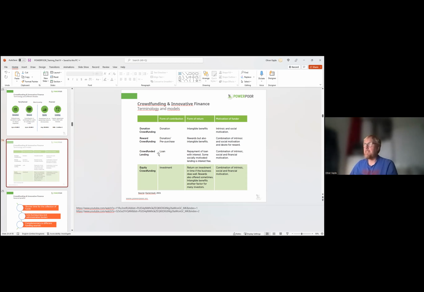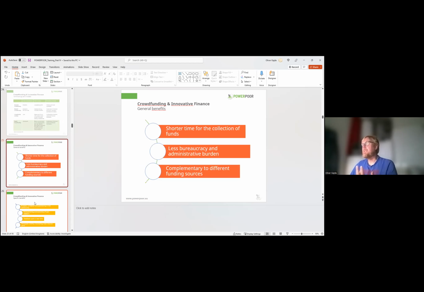It might be differently structured here and there, it depends on your needs as well. And then, of course, equity crowdfunding is the investment through, let's say, a financial security that can be sold again. So it's tradable, like on the stock exchange where you can sell stocks back and forth. That is also possible on crowdfunding.